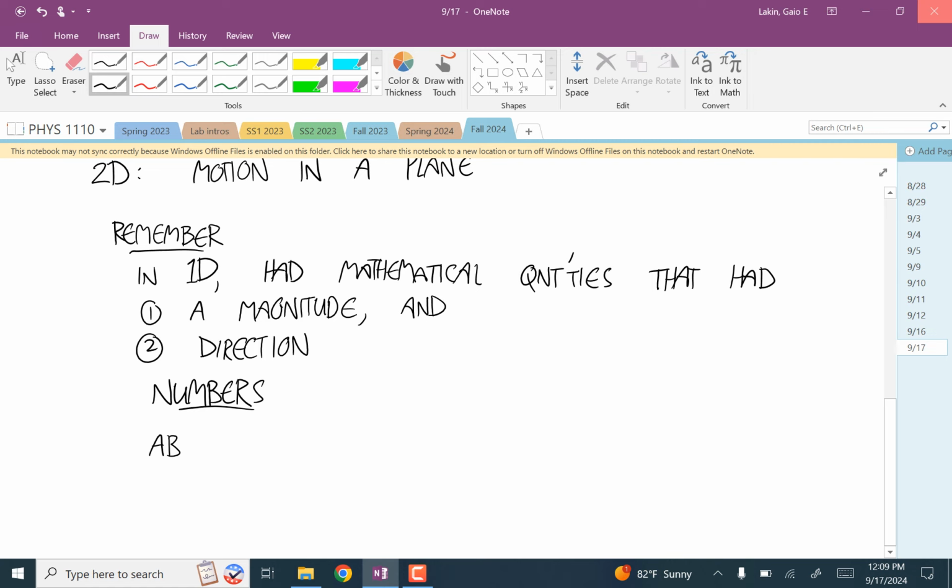The absolute value of the number you can think of as the magnitude. And then what about the direction? Well, the sign gives you the direction because there's only two directions. You can either go in the positive direction or the negative direction.